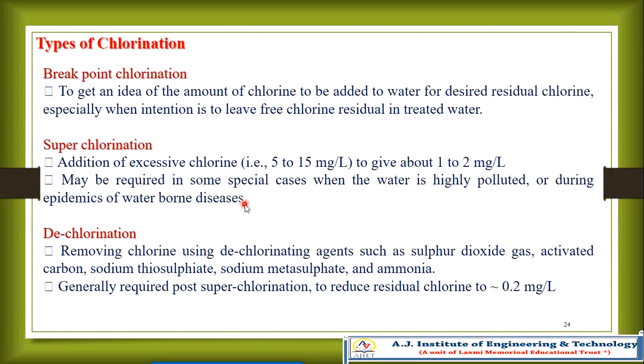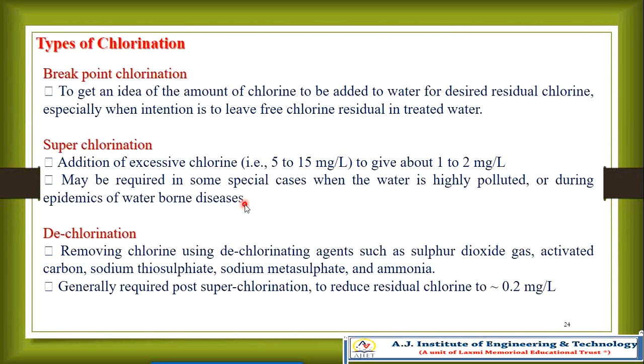That means your chlorine demand as well as the killing of the pathogenic bacteria. The complete contact time required is around 20 to 30 minutes. After that, the remaining chlorine is called residual chlorine. That residual chlorine should be 0.1 to 0.2 milligram per liter. If it is excess, it has to be removed by dechlorination, and we have to make it only 0.2.